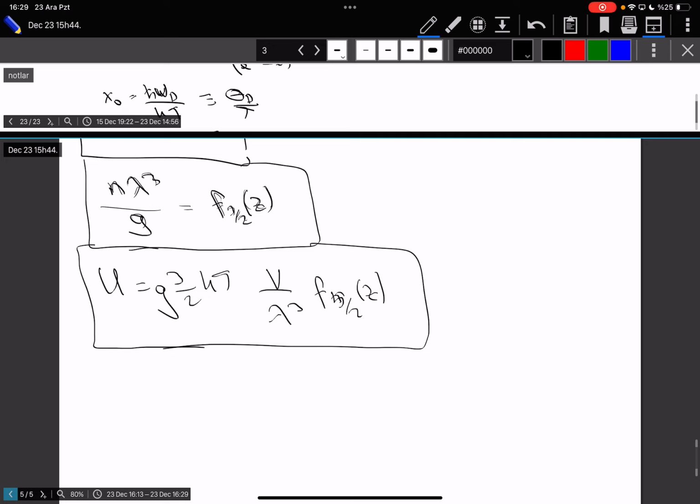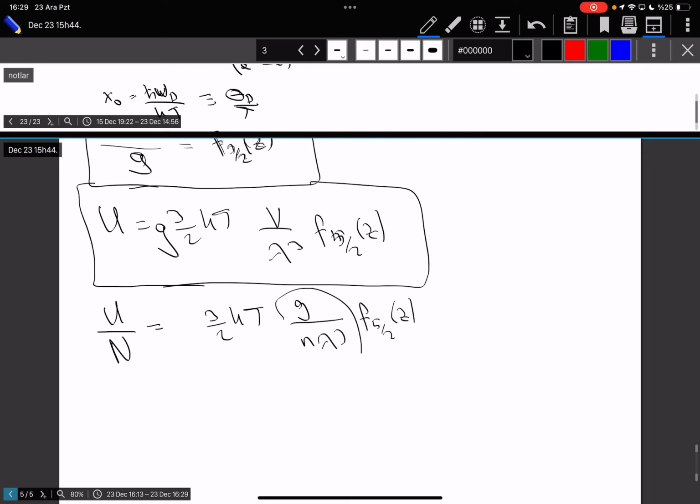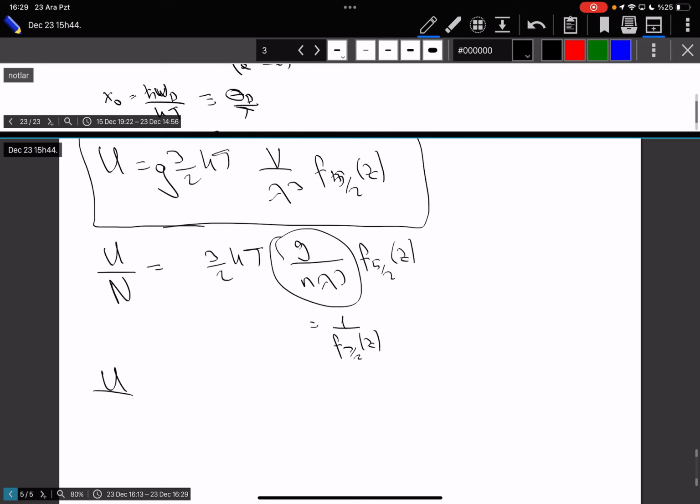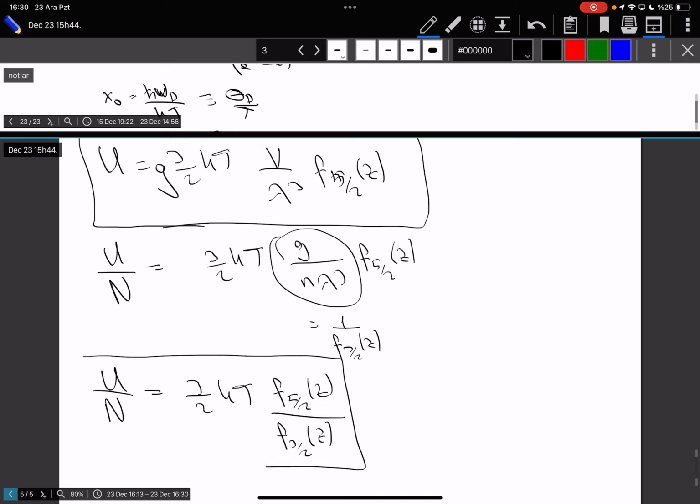By the way, this U I can also write as U over N equal to G times 3 over 2 KT, 1 over N lambda cubed, F5 over 2 of Z. But this ratio is nothing but 1 over F3 over 2 of Z. So U over N, the energy per particle, is 3 over 2 KT, F5 over 2 of Z divided by F3 over 2 of Z. When Z is small, we will see in the next hour that these F functions just become Z, by their Taylor expansion for small Z, whatever the nu is.